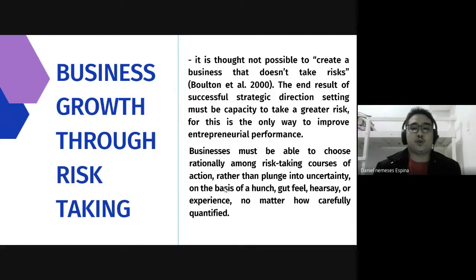Businesses must be able to choose rationally among risk-taking courses of action rather than plunge into uncertainty on the basis of a hunch, gut feel, hearsay, or experience, no matter how carefully quantified. So we're not only planning for growth opportunities or strategies for growth, but we must also consider how to manage or calculate the risk.